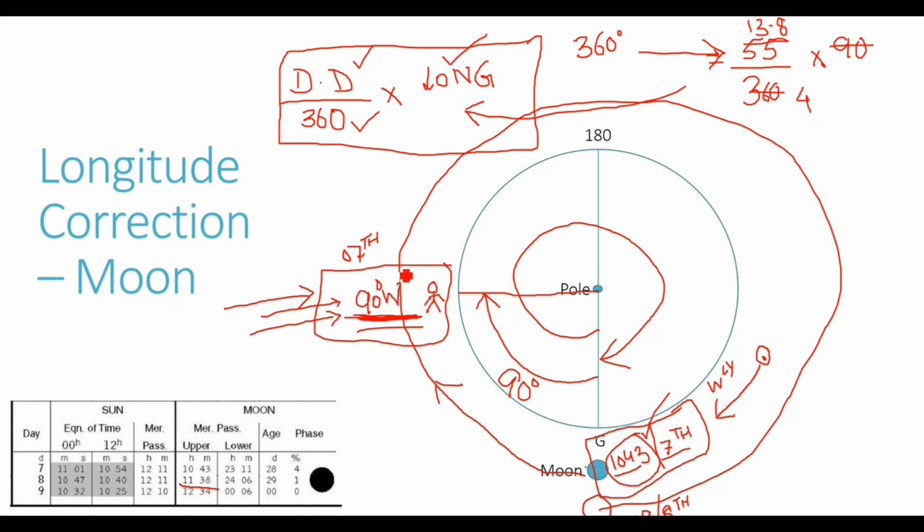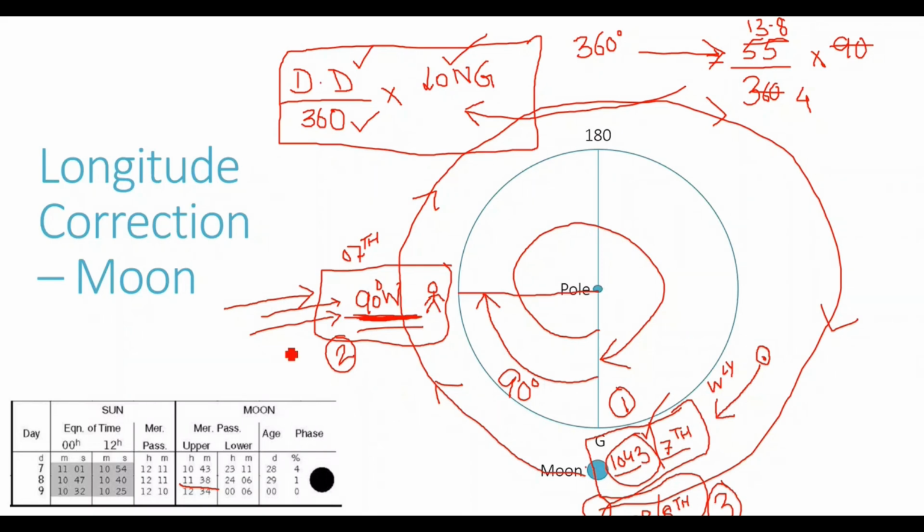Right. Now after the moon's marpass at 90° west, the moon goes further and it comes back on the Greenwich meridian here again. Now when it comes back, it will be the 8th meridian passage. So the third occurrence will be this. This will be the first occurrence and this will be the second occurrence. Up to here, everybody is clear?